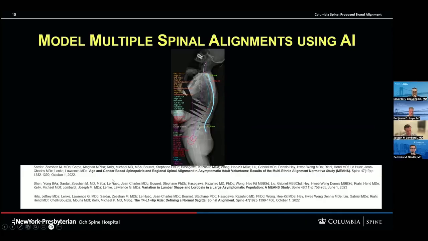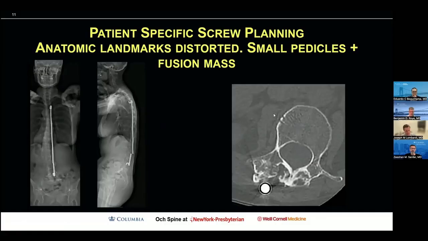So we have published a lot in terms of the alignment goals for adult patients who are undergoing deformity surgery and which goals we think work best in which situation. And so these modeling softwares allow us to really pick the right model. We can model different things, and then we pick the one that we think is going to work the best.